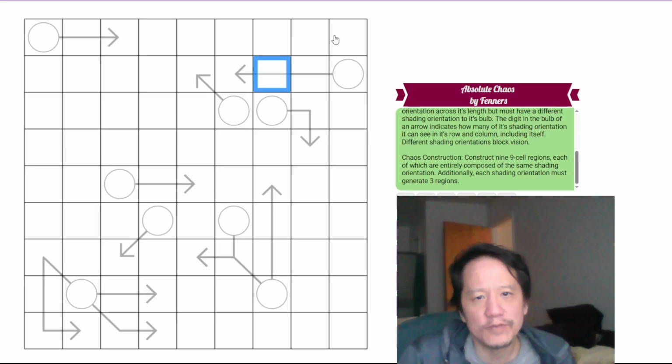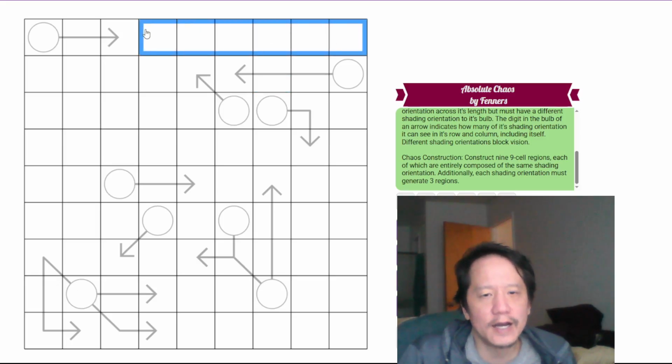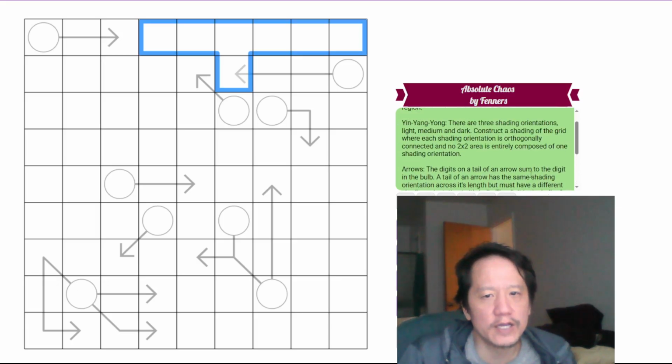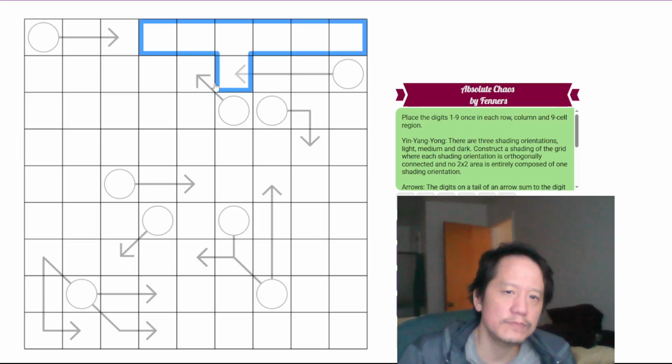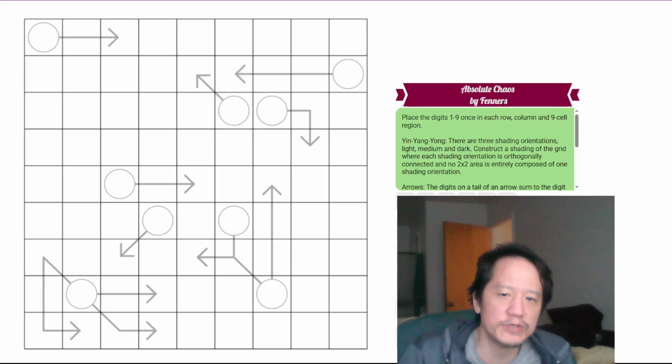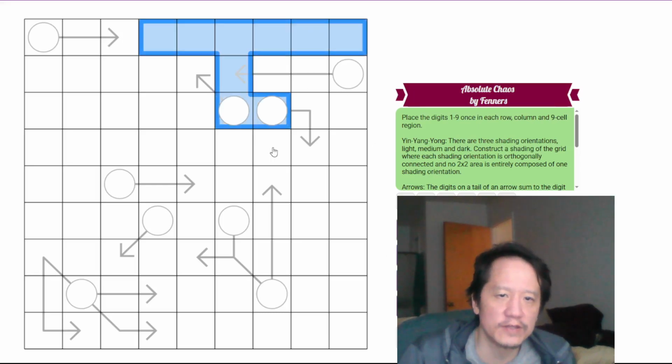But from that, you have to construct 9-cell regions, which must be orthogonally connected to each other because of the yin yang yang rule set. So we have to construct our 9-cell regions. Our 9-cell regions could be something along the lines of like this, right?